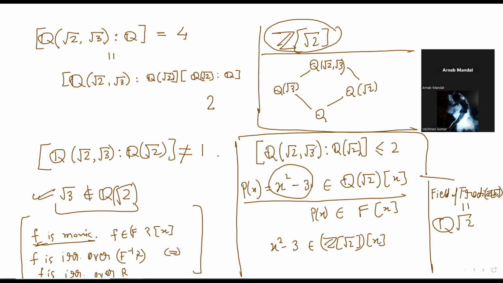This polynomial has root 3 as a root. So you have a field F and a polynomial of degree 2 which has that thing as a root. So the degree of the extension cannot be more than the degree of that polynomial, right? Yes.